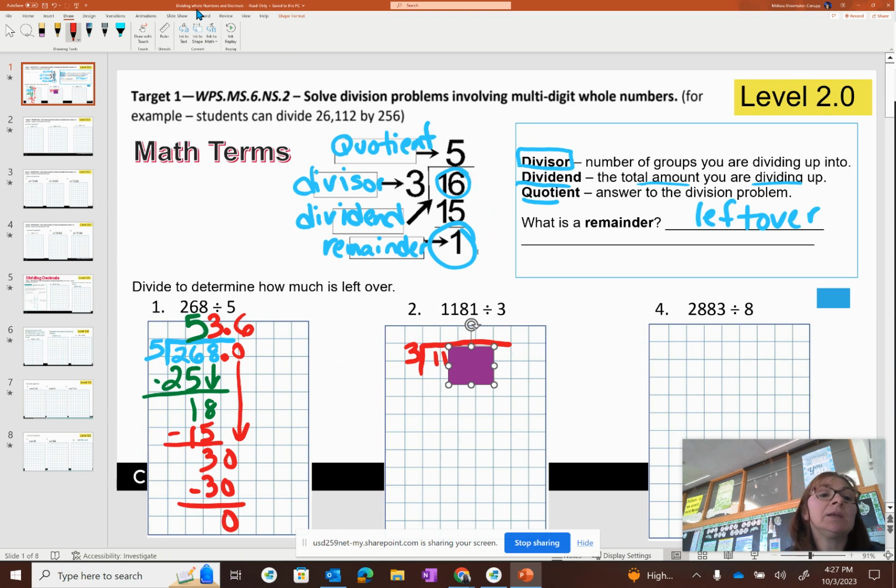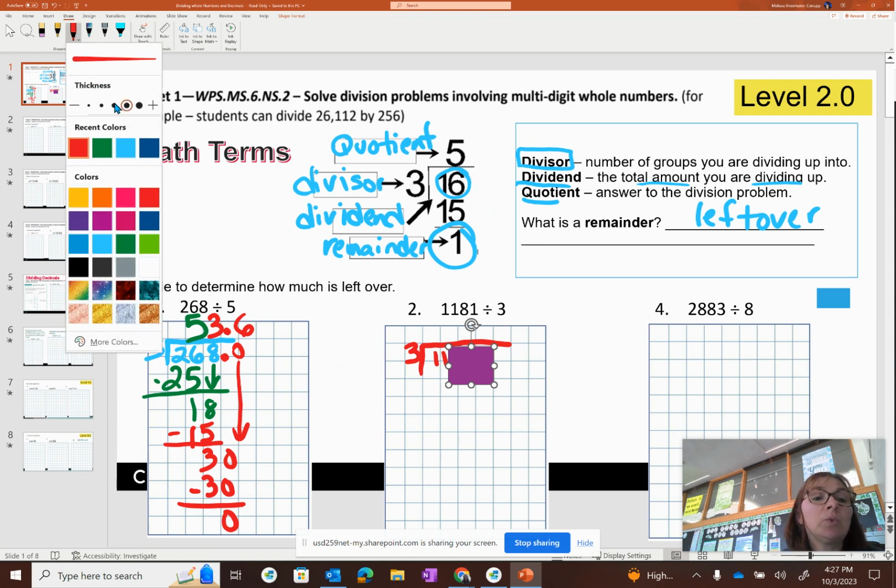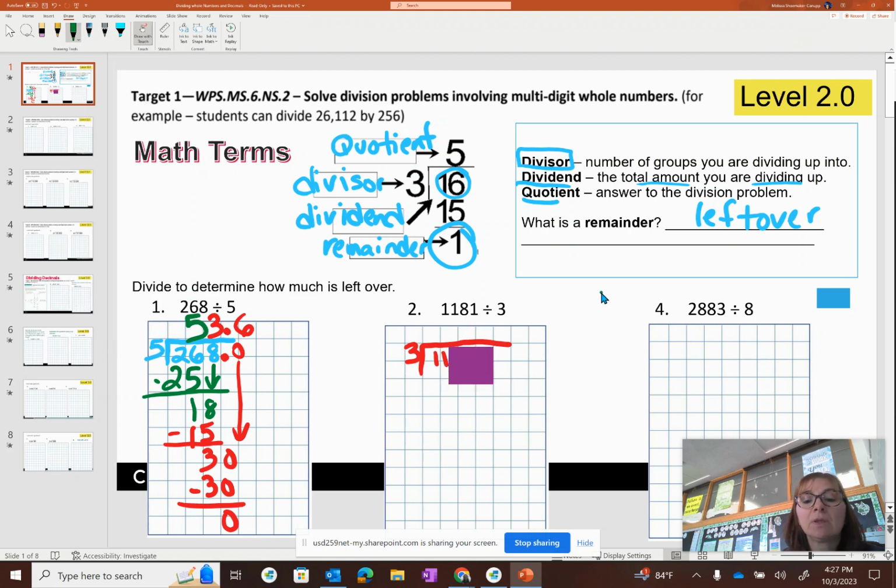Can I make any groups of 3 with the number 11? Yes. And if it helps you over here, you can make a list of 3s. 3, 6, 9, 12, 15, 18. Okay. Well, I know I can go to 9, and that's 3 times 3. I subtract and get 2.